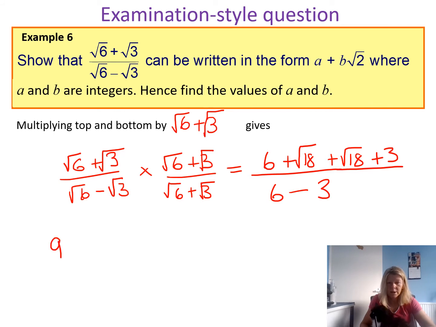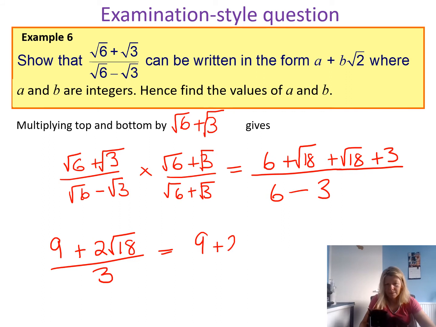We've got 9 plus 2 root 18 over 3. And then we know root 18 is root of 9 times 2, isn't it? And therefore we've got 9 plus root of 9 is 3, 3 times 2 is 6. So that.